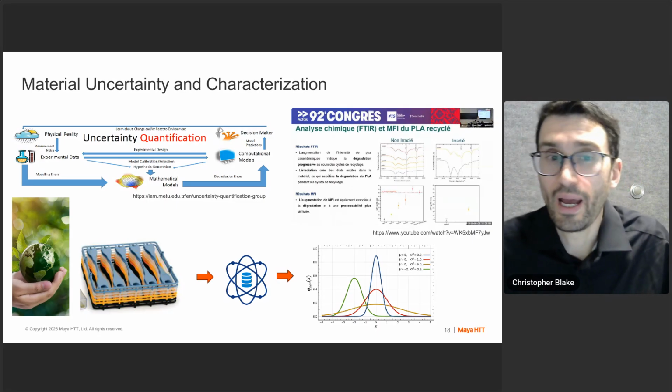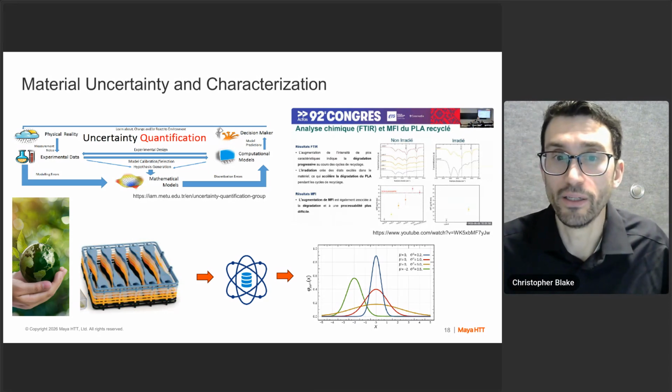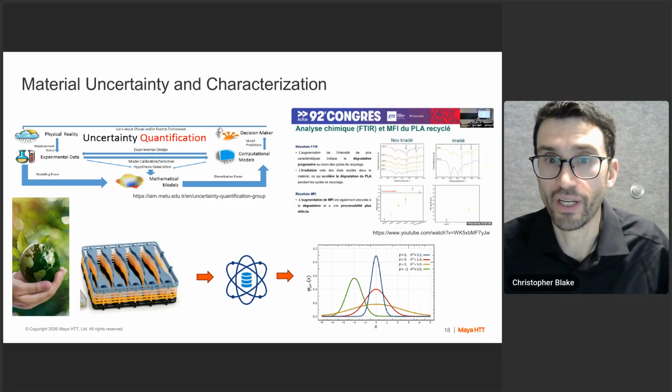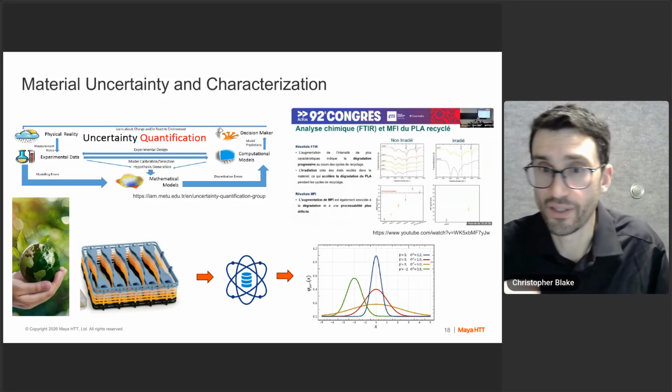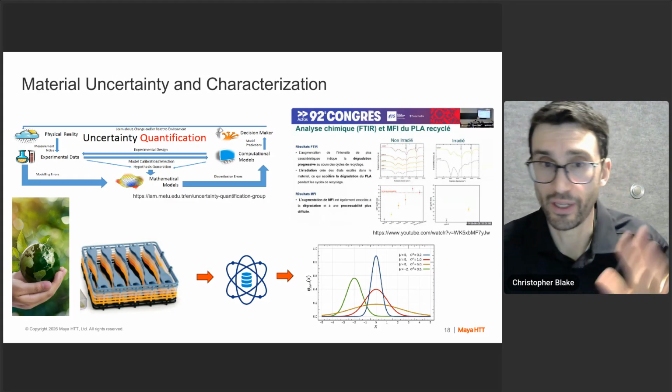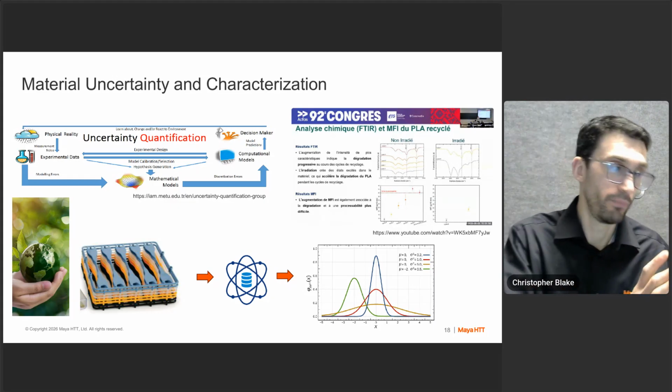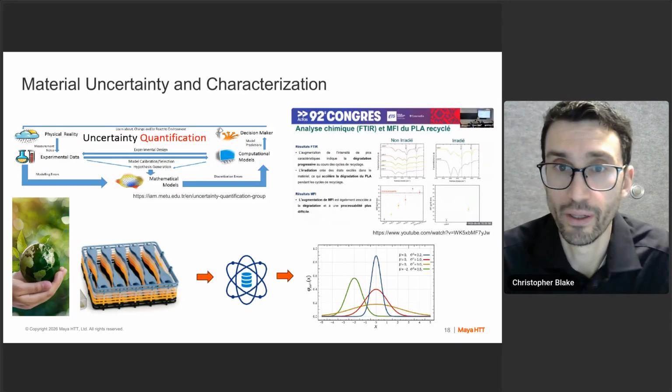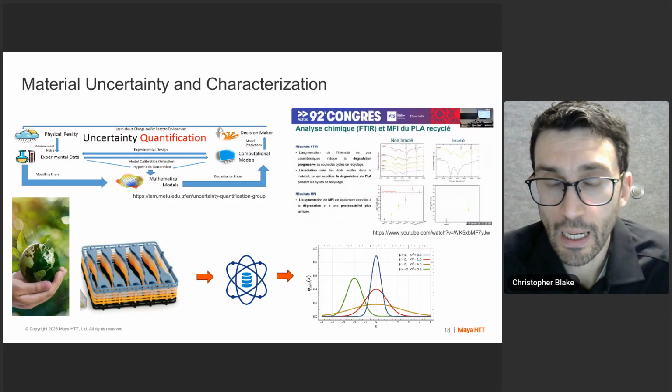So if one has a reliable mathematical model of a material, you could perform some uncertainty quantification. There are algorithms that can be used to characterize the sensitivity of the material properties to changing inputs, like the proportion of one material to another or the amount of filler or whatever.